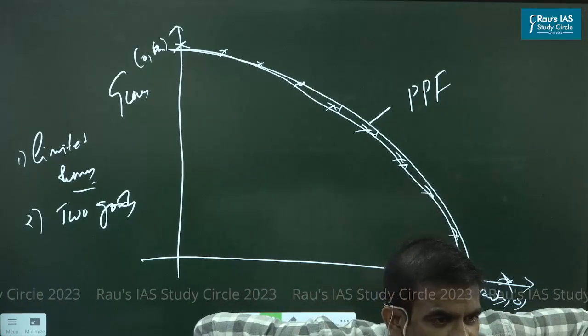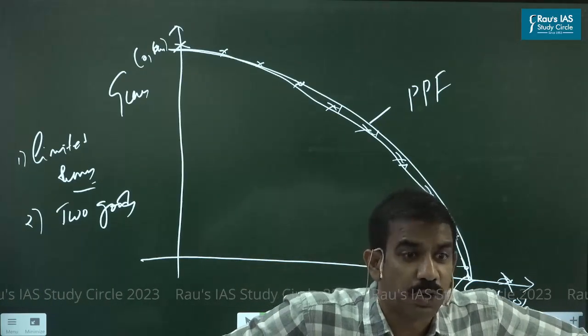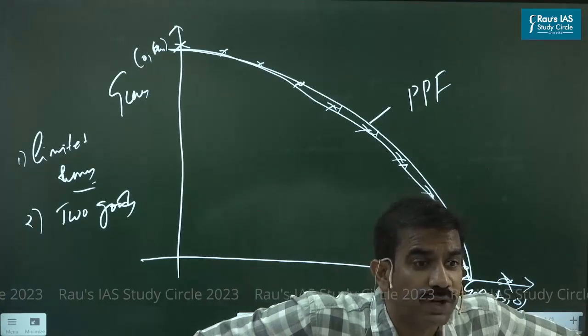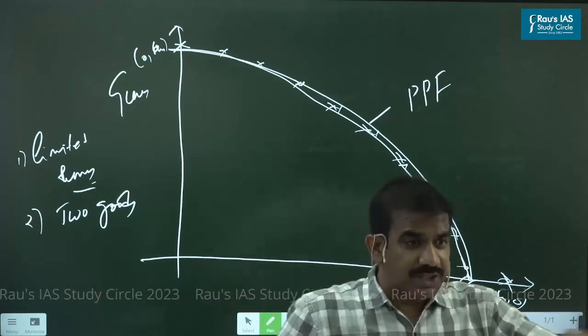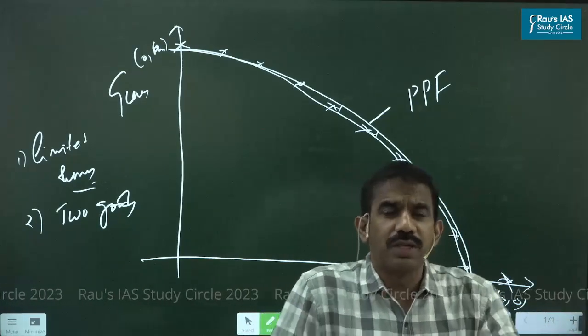If you could recollect potential GDP, it means the maximum output that you could produce by fully employing your labor and resources at sustainable rates and stable inflation rates. Isn't it more or less the same thing?